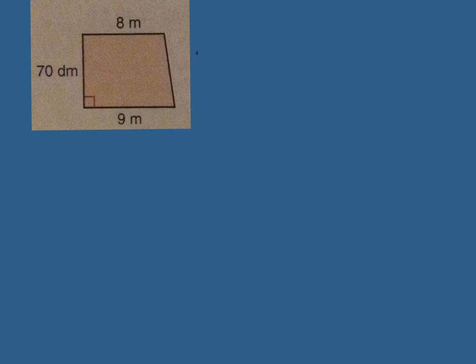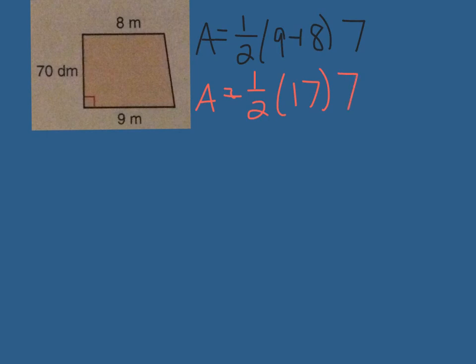So for this trapezoid, I have the area equals half times the first base, which is 9, plus the second base, which is 8, times 7. So then the area equals 1/2 times 9 plus 8 is 17, times 7.